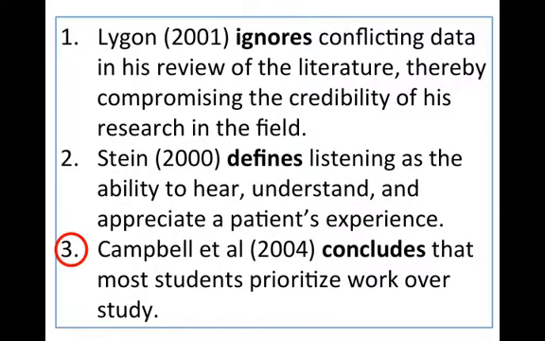Number 3. That's correct. Then, which one shows that you do not agree with the author? Of course, number 1. Because you want to say that the author ignored or missed some important points.